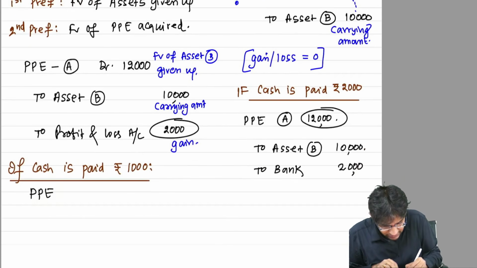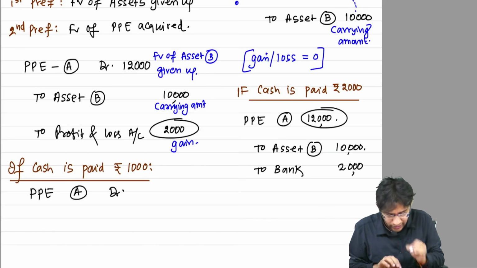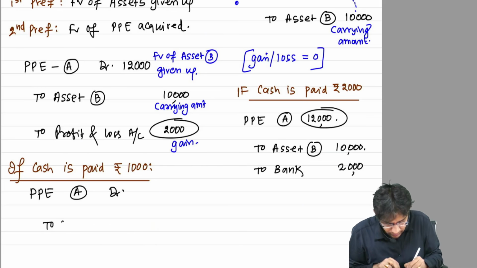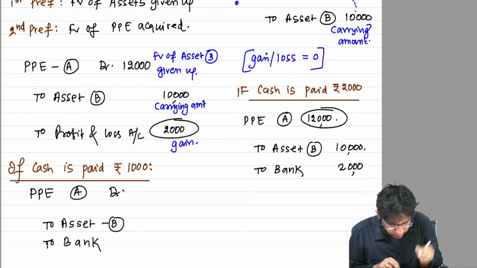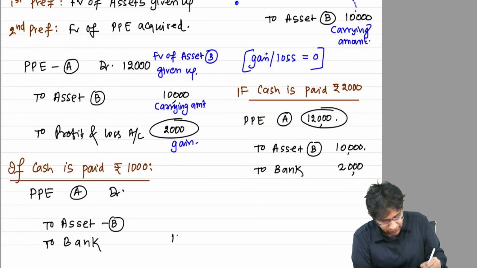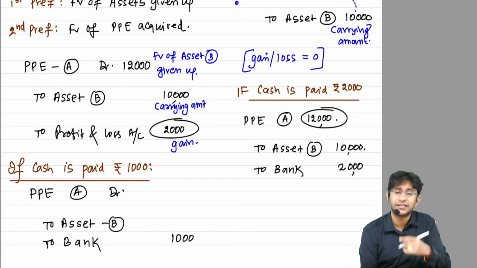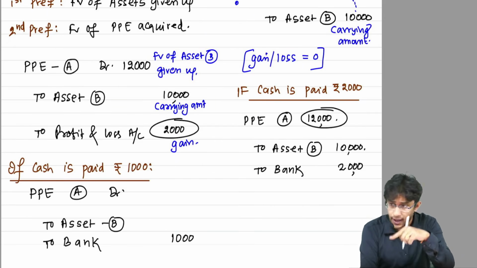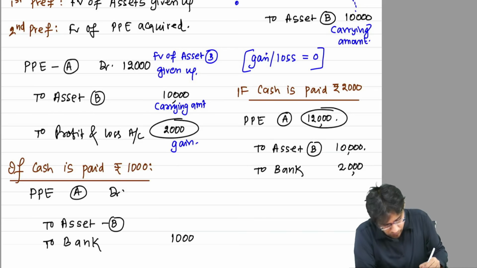First, always, write the skeleton entry first. PPE. One line I am leaving, loss may come. Will not come in this case, but still. To asset B. Since I am paying cash, to bank. What I very well know is, I am paying 1,000, so I have to credit 1,000. Asset B I am giving up, so asset B's carrying amount I have to cancel, which is 10,000.